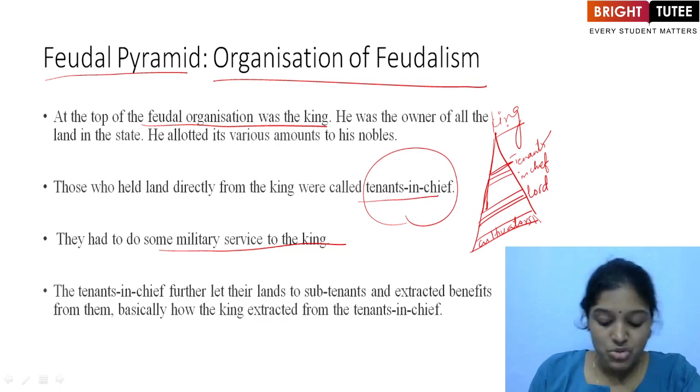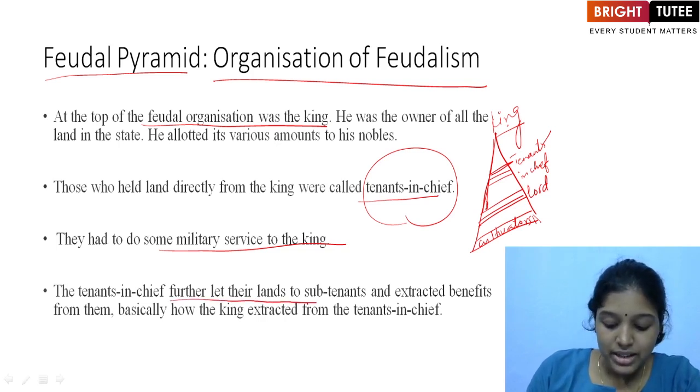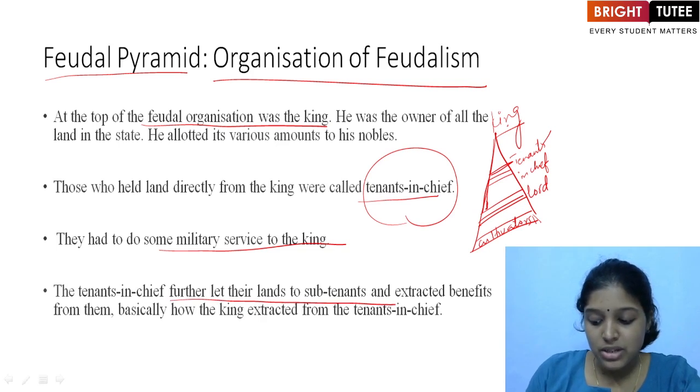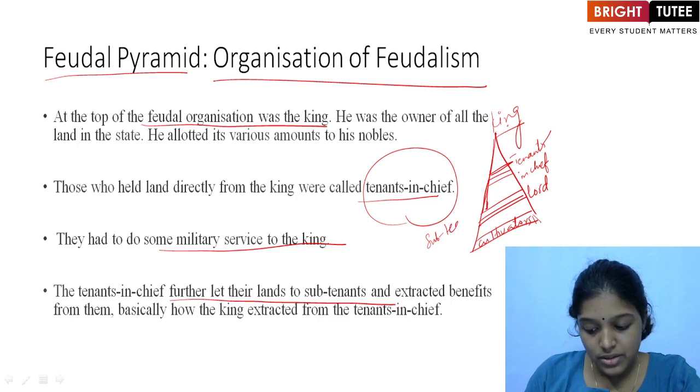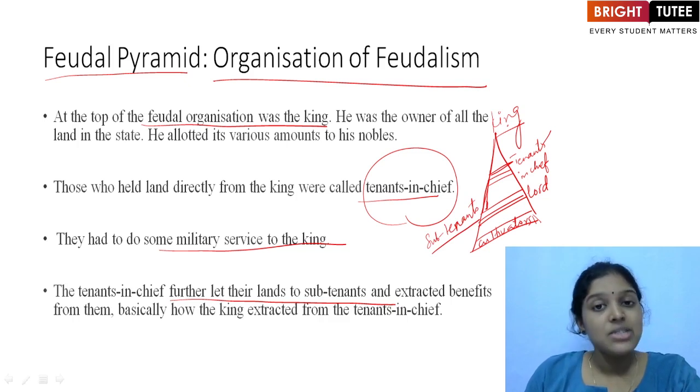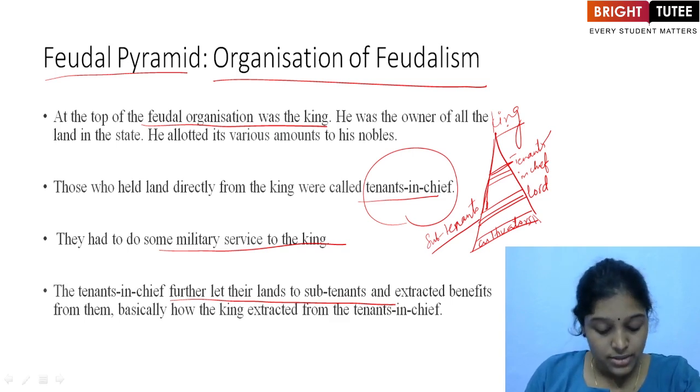And the tenants-in-chief further let their lands to subtenants. So under the tenants-in-chief came subtenants who had got the land from the tenants-in-chief. And these subtenants had to give services to their immediate lords.